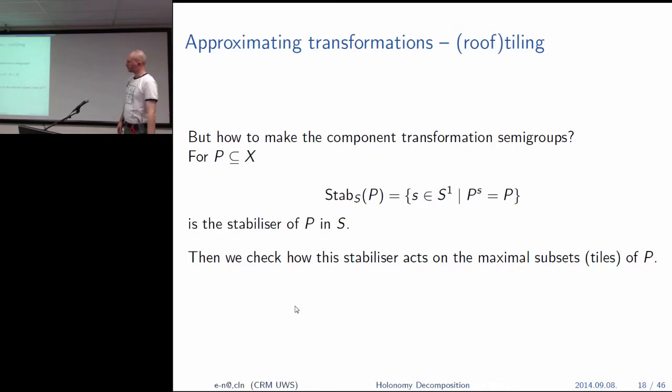Well, we take a subset of the state set, and we check how the semigroup acts on that subset. Okay, and that's again a very basic notion from computer algebra and abstract algebra in general. That's the stabilizer. That is the set of semigroup elements that fix a subset.